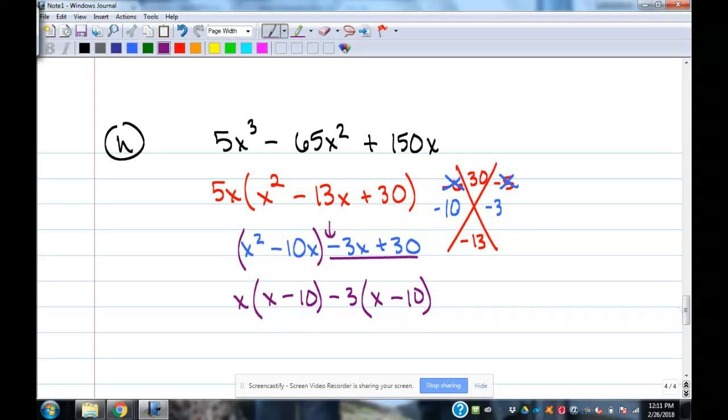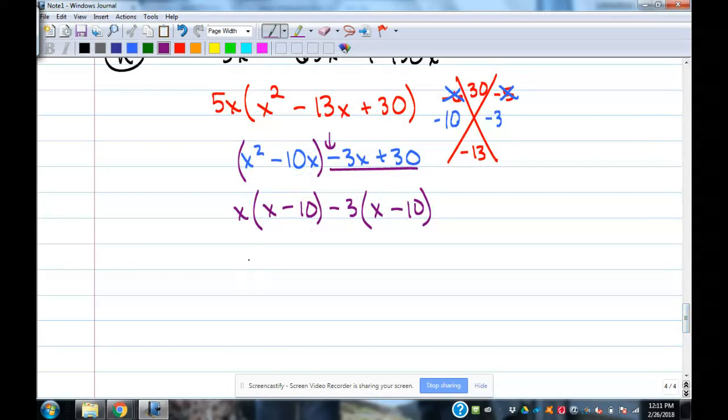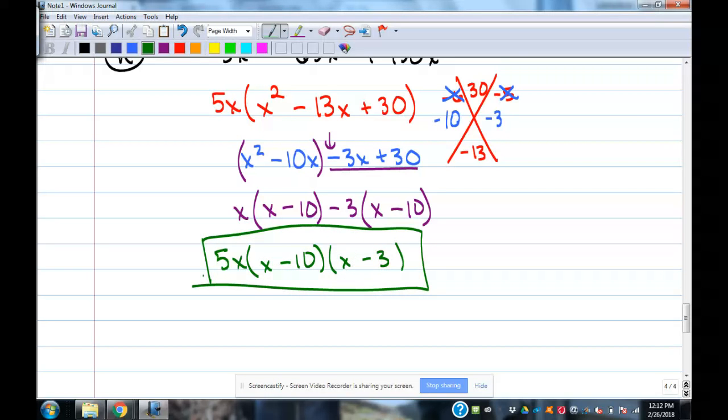If those don't match, something went wrong. And then we take the final factoring for this: 5x, and then what are my two factors from the purple part? There's our factoring with the X method.